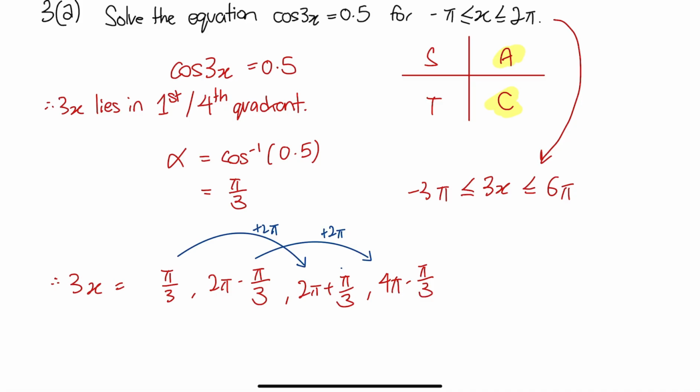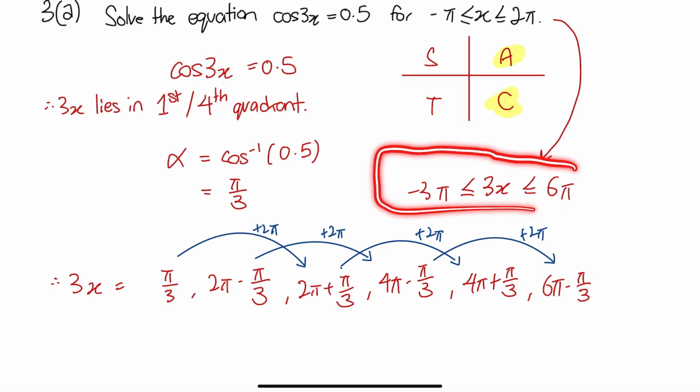Add another 2 pi, and I will get 4 pi plus pi over 3, still within the range of less than 6 pi. One more, from 4 pi I can add another 2 pi and get 6 pi minus pi over 3, still within the range of less than 6 pi.